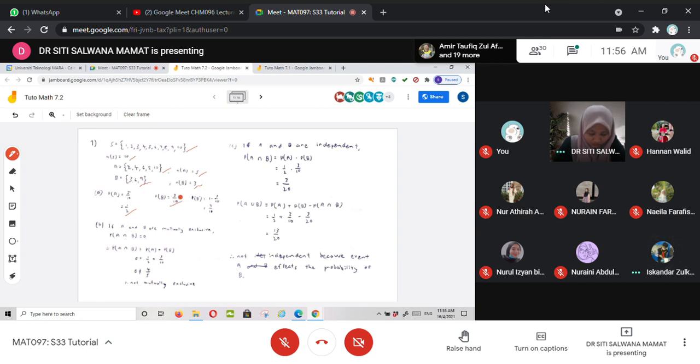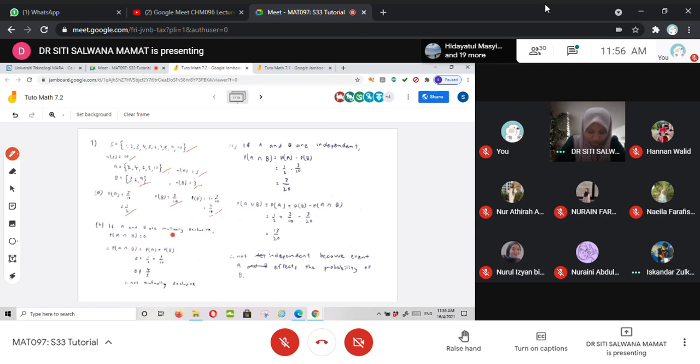So for the complement of B, 1 minus this, you get 7 over 10. Okay, so the question asks whether they are mutually exclusive or not.